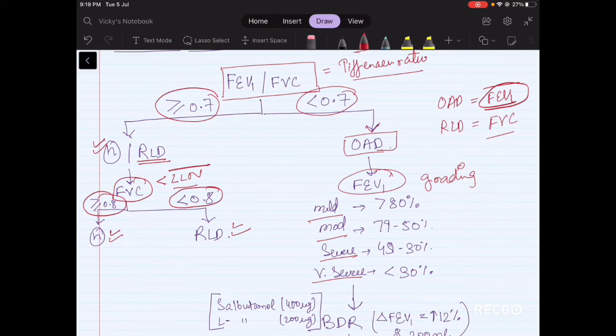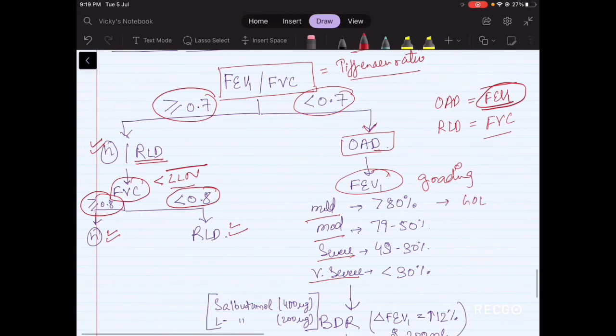In COPD, mild, moderate, severe and very severe becomes GOLD 1 severity, GOLD 2, GOLD 3 and GOLD 4. You must not confuse severity of COPD with grouping of COPD, right? So grouping of COPD is done to assess what treatment we have to give to the patient, right? Group A, Group B, Group C and Group D, right?